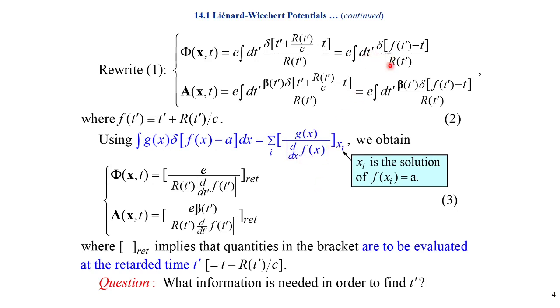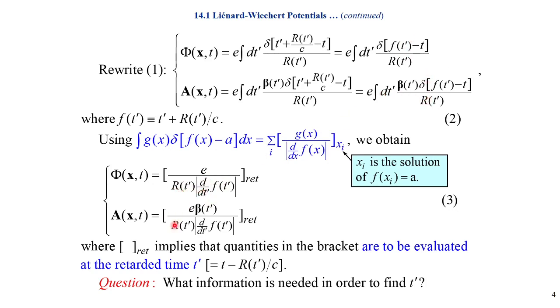So we take r of t prime times the derivative of this one. What will happen to be derived? e the same, beta the same, r the same.